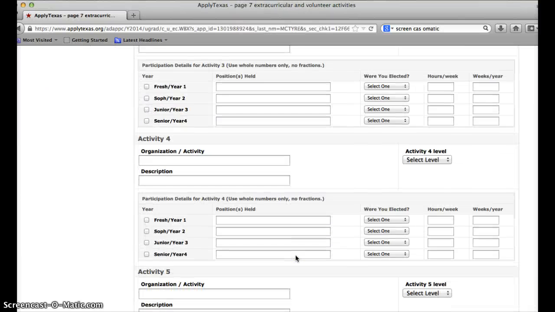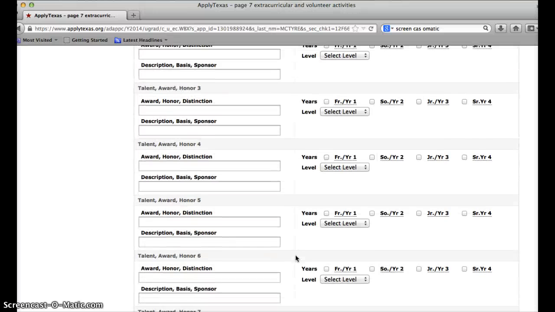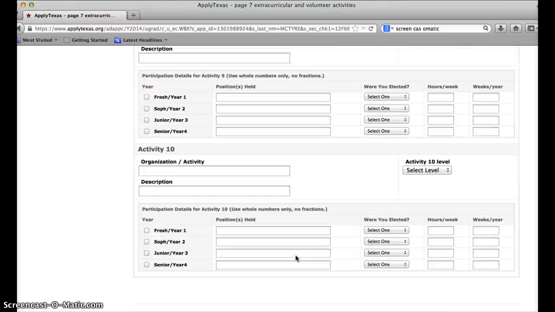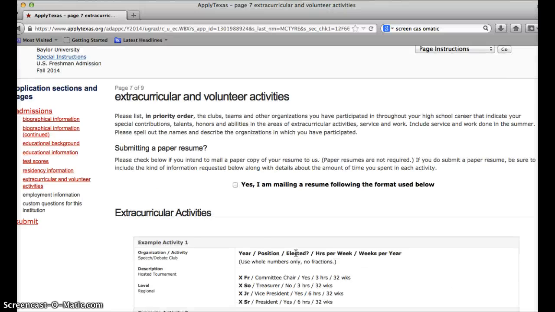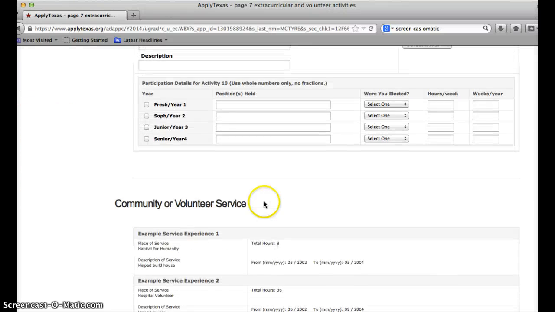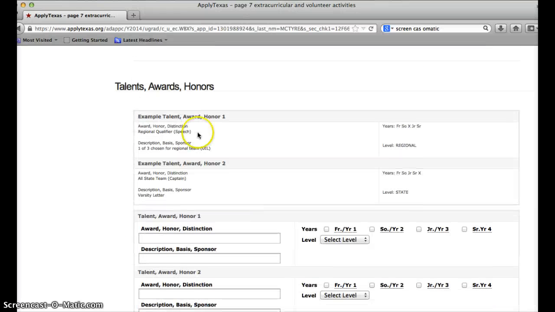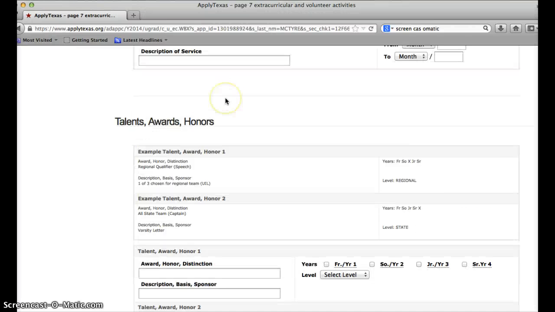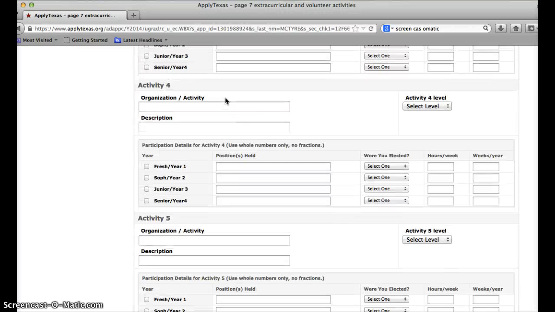And this right here is the section where you would need your resume or your e-profile. You will enter any extracurricular activities that you have participated in, any community or volunteer service that you have completed, as well as any talents, honors, and awards. So I will give you an example.